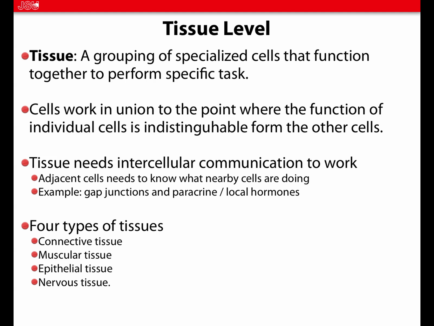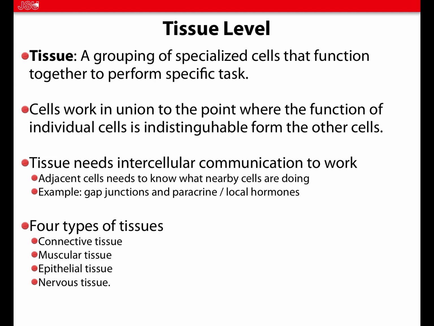Well, the same thing here. This one cell has to get signals from the surrounding cells in order to be in unison and to become a tissue. So that's where that third point comes in. Tissue needs intercellular communication to work. That cell has its own set of instructions, but it's also getting signals from the cells around it in order to become a tissue. That's a very important point in biology and in tissue.